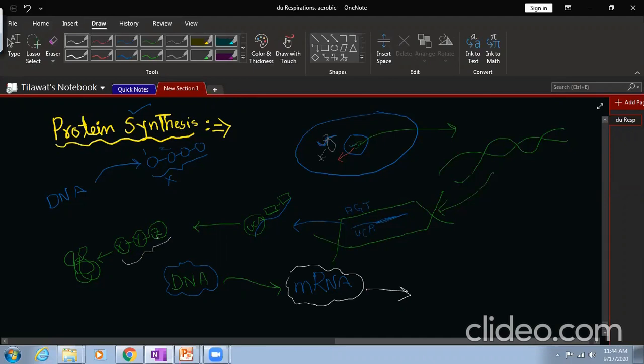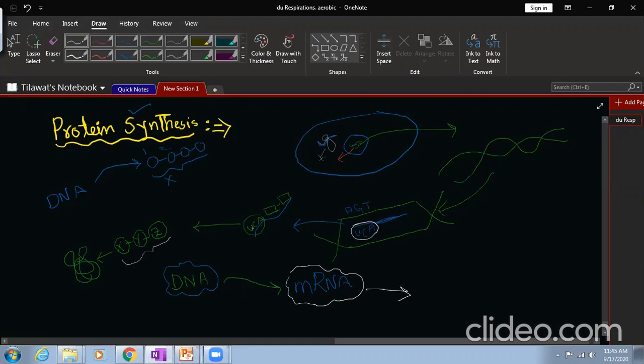A protein. It means this code provides instruction for which amino acid should come first, and then what should be another, and then which should be another. So a peptide linkage will form between all amino acids, and that will become a protein, right?